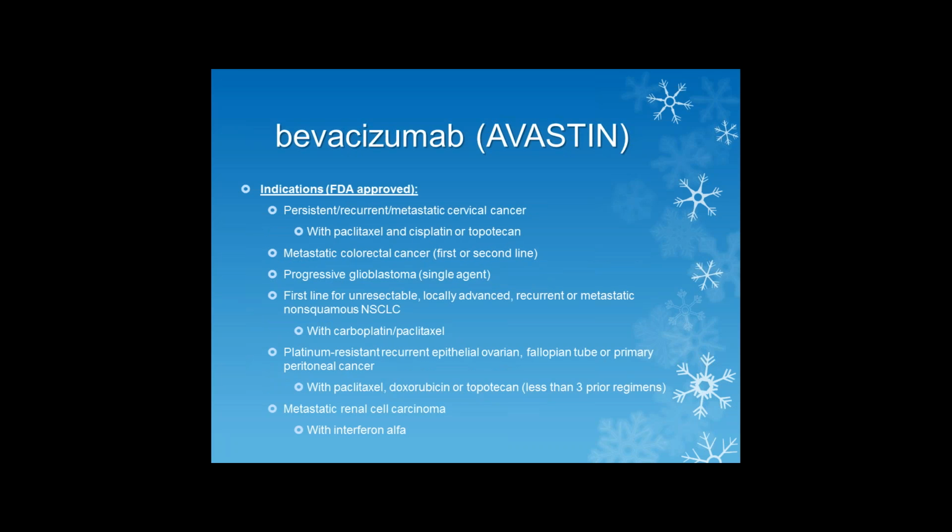So it has quite a few different FDA approvals that I've listed here. You can see a pretty wide variety of types of cancer, anywhere from cervical cancer to colorectal to glioblastomas, non-small cell lung cancer, renal cell, so a lot of different indications with other common therapies.